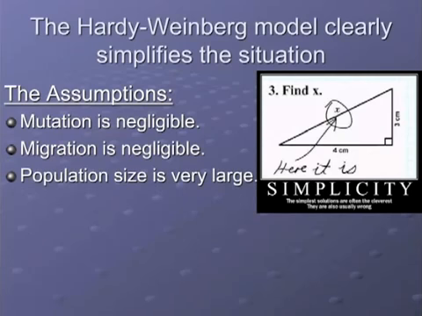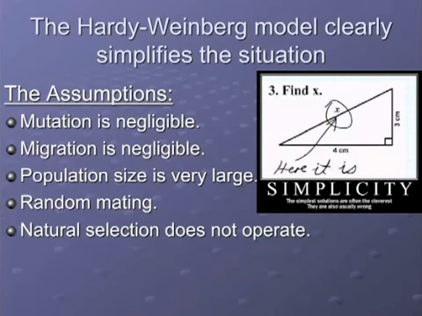Population size is very large, which sometimes and often occurs, but there are some populations that are very small, and in a very small population, you might not have an allele, and you might actually lose an allele. And there's random mating. All the red flowers don't mate with the red flowers and white with white, but there is random mating, so hence the heterozygous cross is assumed in random mating. And then lastly, that there's no natural selection.